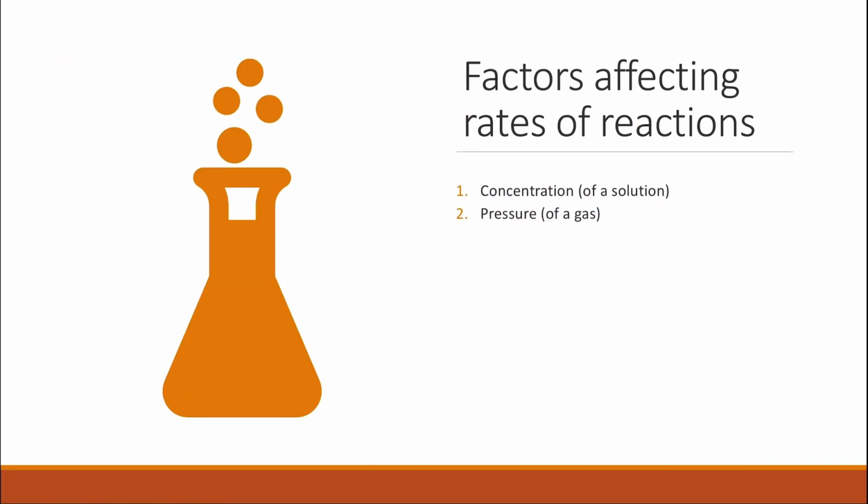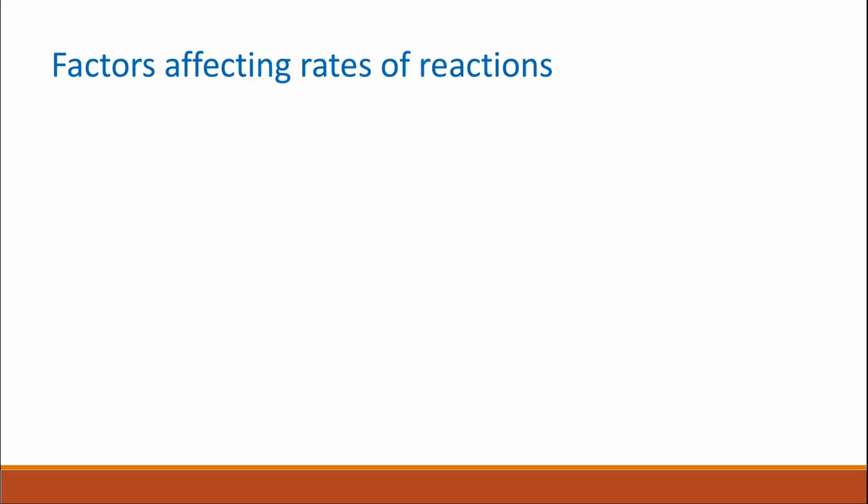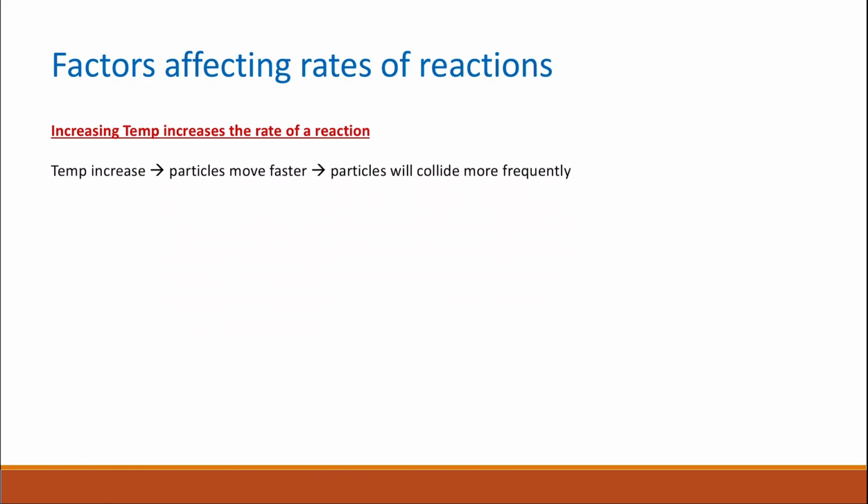These factors include the concentration in case of solutions or pressure in case of gases, surface area, temperature, and the use of a catalyst. So let's start by discussing the effect of increasing temperature on the rate of a reaction. If the temperature increases, then there is an increase in the rate of the reaction.